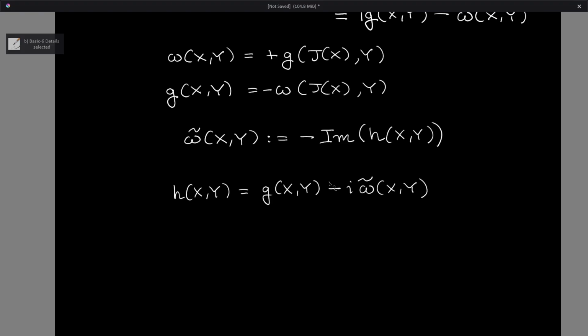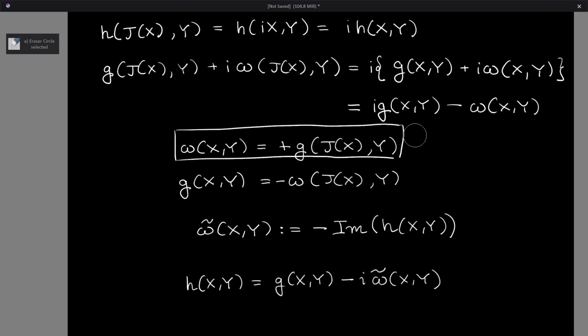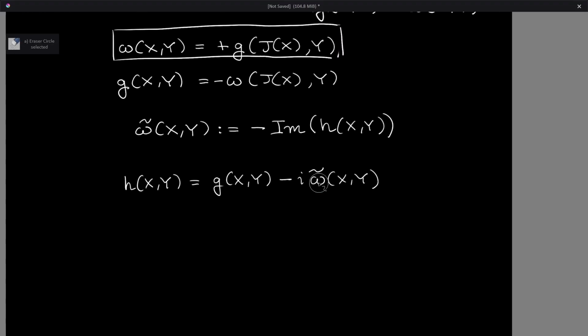So now we're going to substitute this in, and no matter if we use the first convention or the second convention, we're still going to have a negative sign. The convention is just to make sure that this important result we got here is positive. So no matter which way we slice it, we're going to get a minus sign here. So we're going to get minus g of j of x, y.